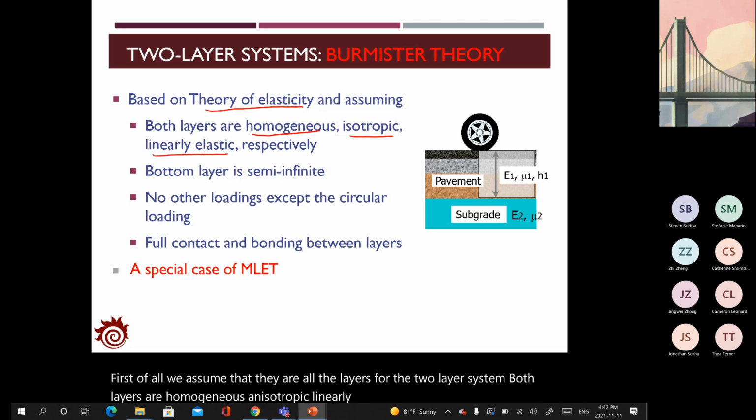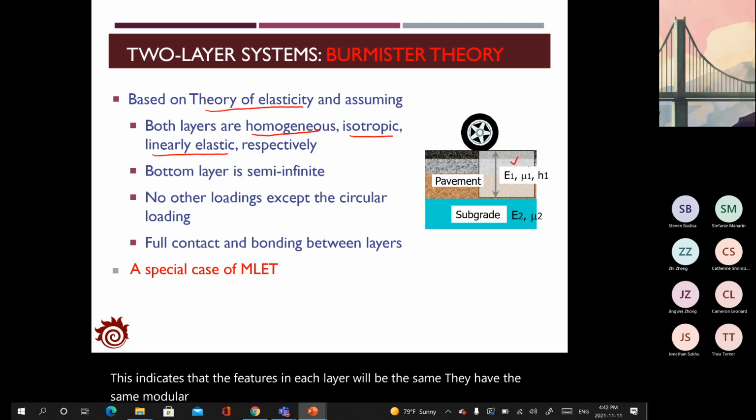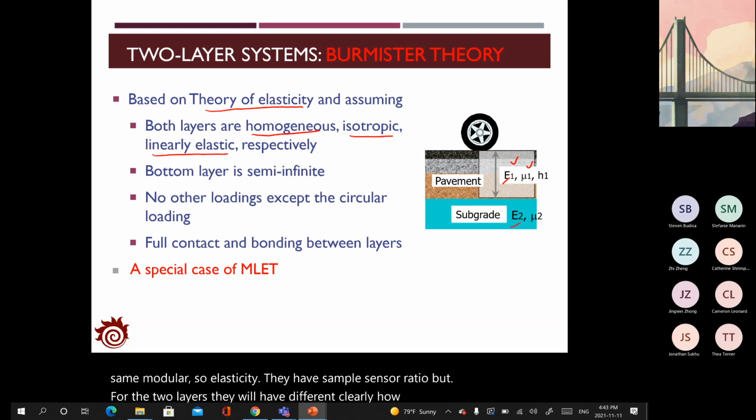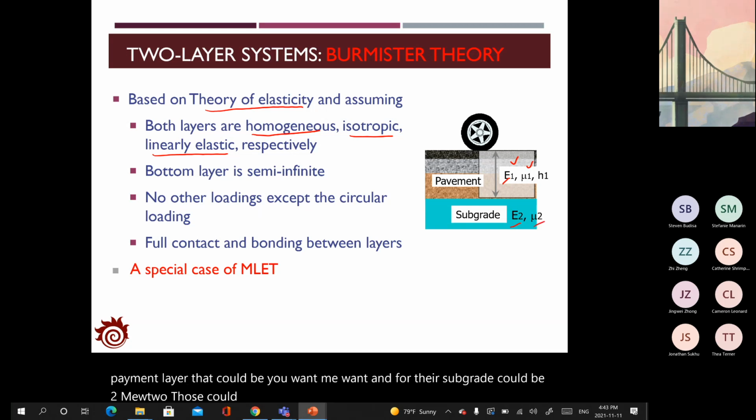This indicates that the features in each layer will be the same. They have the same modulus of elasticity and the same Poisson's ratio, but the two layers will clearly have different values. So for the pavement layer, that could be E1, mu1, and for the subgrade, it could be E2, mu2. Those could be different values.